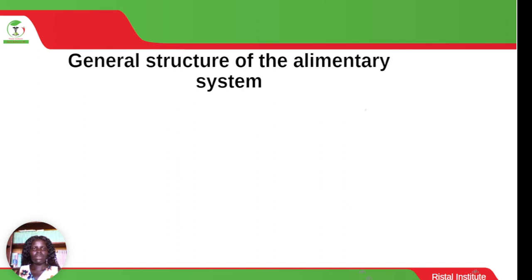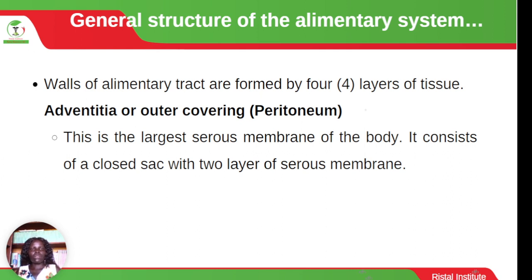Let us look at the general structure of the alimentary system. Generally, walls of the alimentary tract are formed by four layers of tissue. We have the adventitia, or the outer covering, or what we normally call the peritoneum. This is the largest serous membrane of the body.